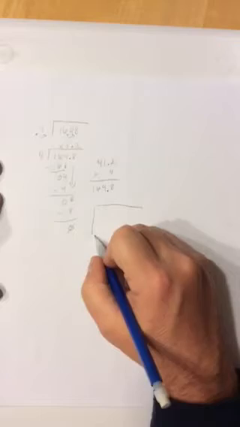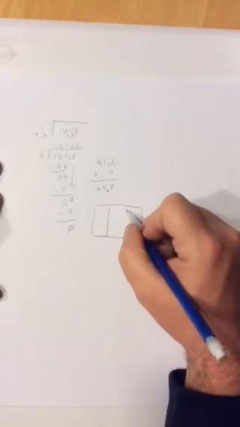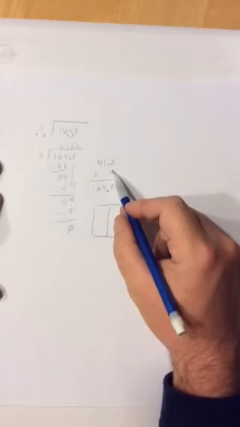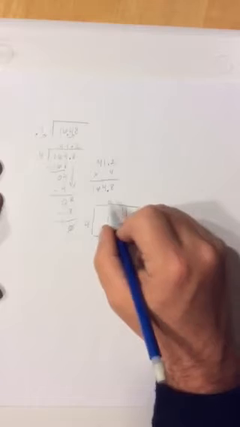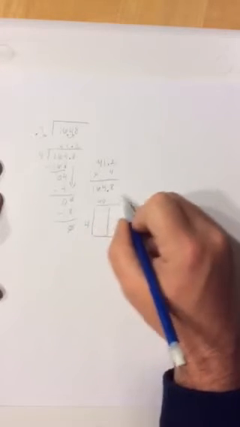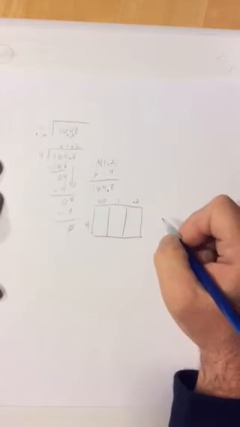I can show this again by using the area model, except this time I have 3 numbers on top. So I'm going to create 3 spaces, and I have 1 number for the side, so I don't need to create any boxes there. But I have 40, I have 1, and I have 2 tenths.